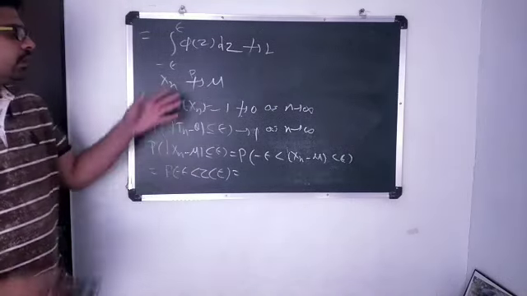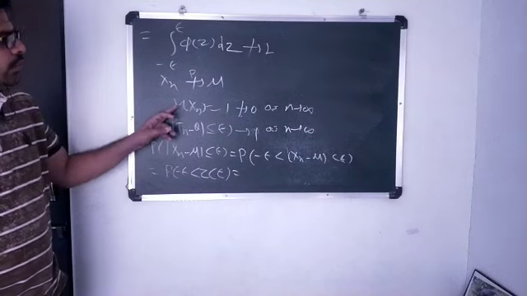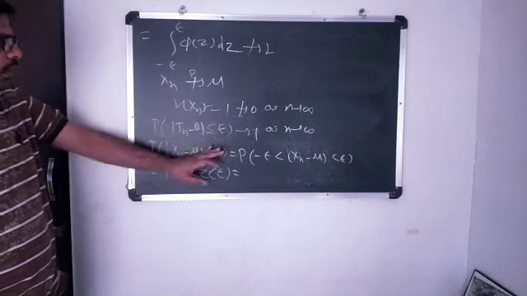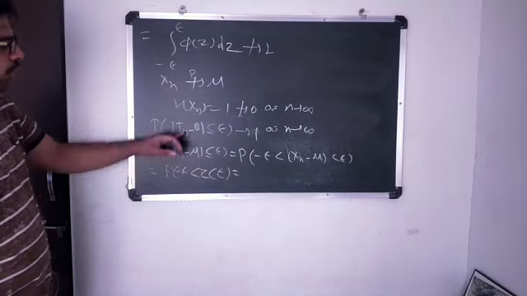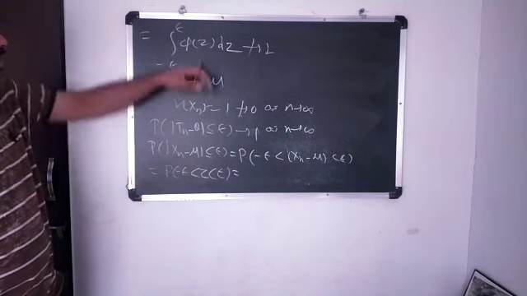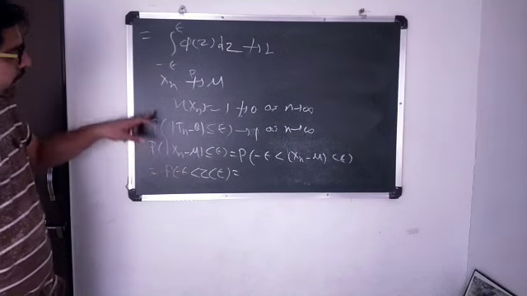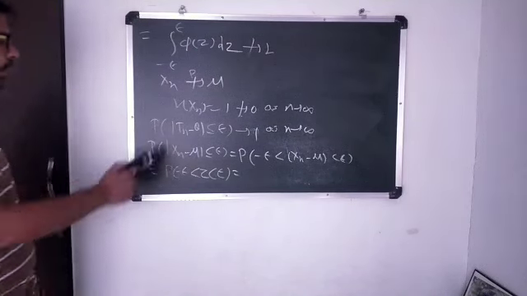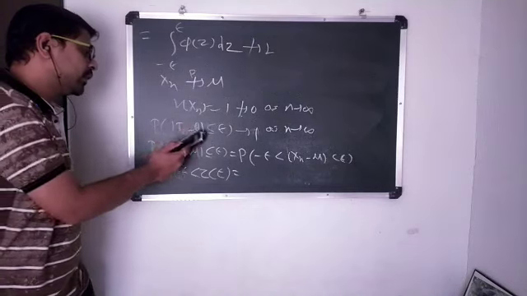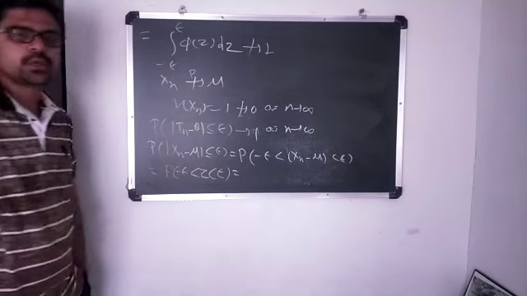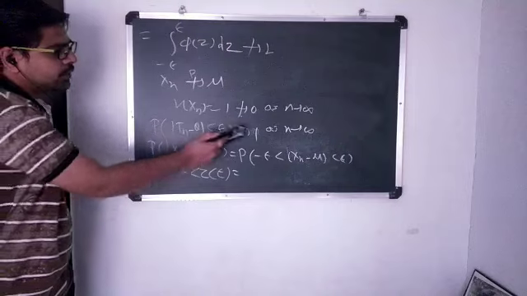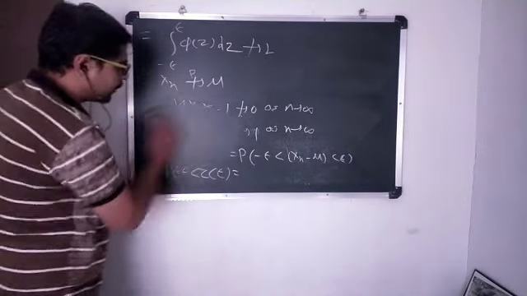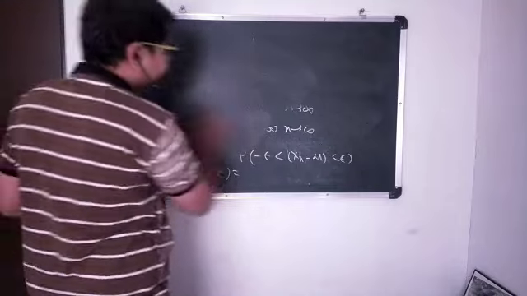Here we can see that one of the conditions is not satisfied, so to check consistency of the estimator we have to use the original definition. The definition is: Tn is said to be a consistent estimator of theta if the probability of |Tn minus theta| less than or equal to epsilon tends to 1, or the probability of it being greater than epsilon tends to 0, as n tends to infinity. In this way we have to use these conditions carefully.